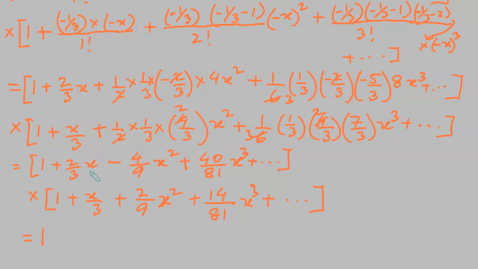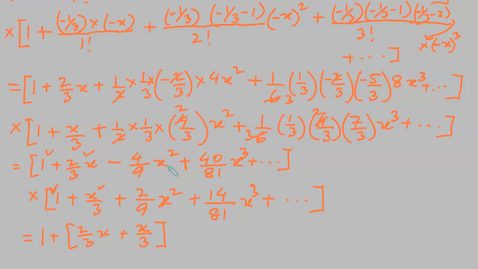How can we get x? When this one is getting multiplied with 2 over 3x. So it is 1 times 2 over 3x is 2 over 3x. And this one is getting multiplied with this plus x over 3. So this is the term containing x.